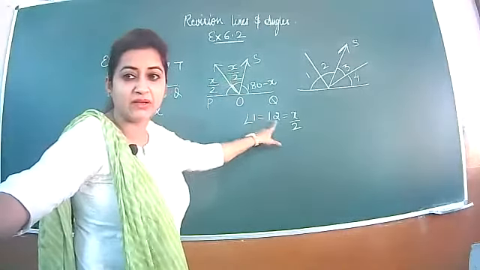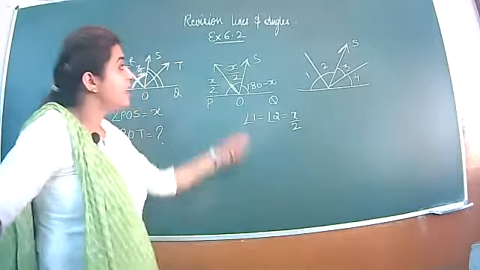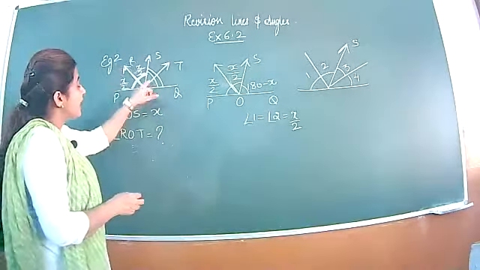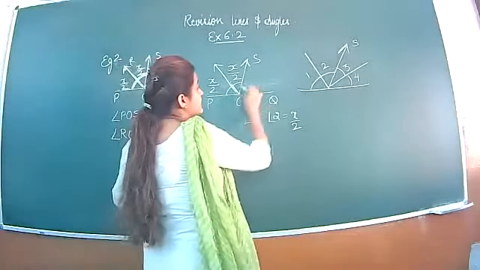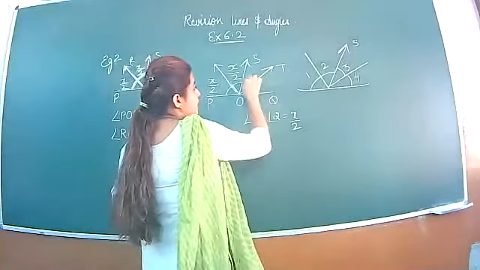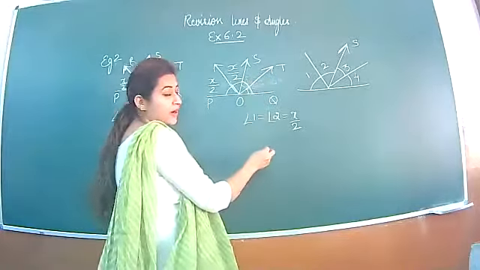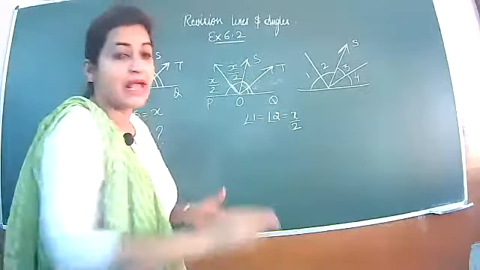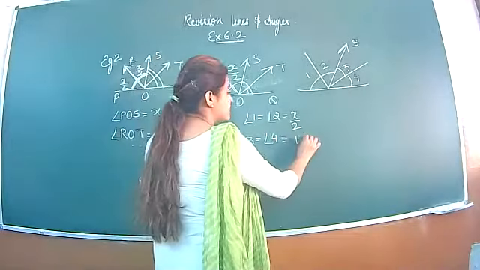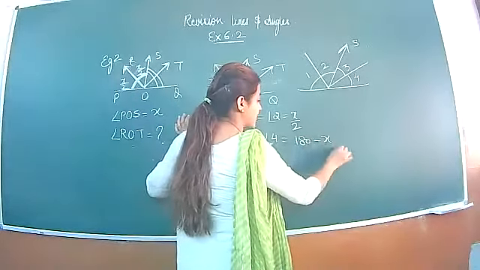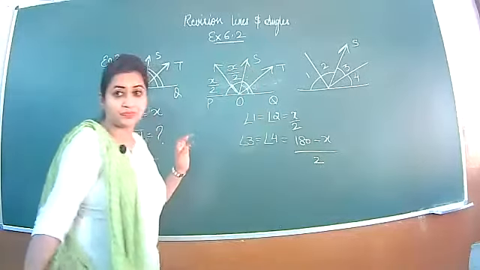In the same manner, this angle is 180 minus x and there is a ray OT which divides this angle into two equal parts. So angle 3 is equal to angle 4 is equal to (180 minus x) by 2.